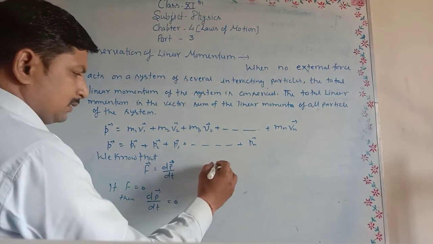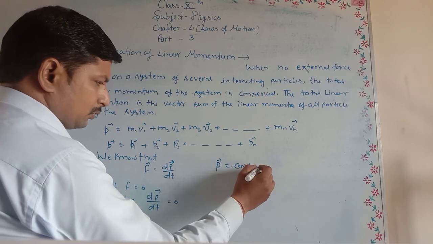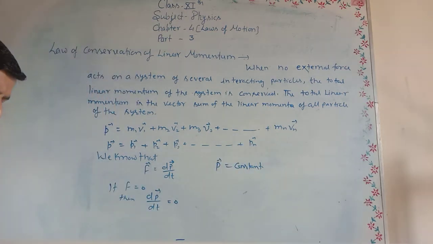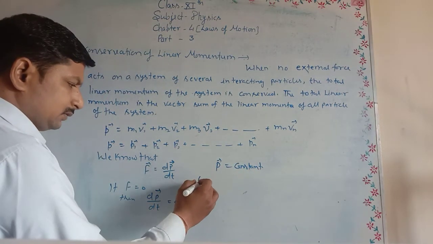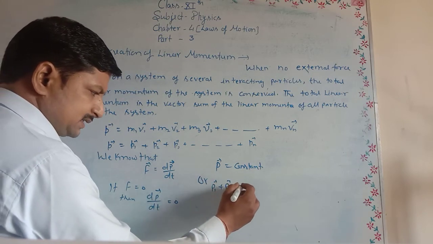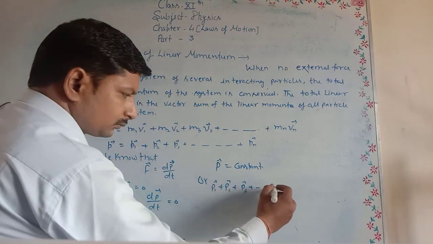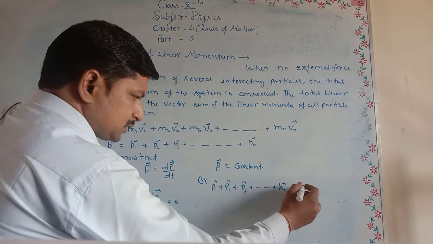It means P is equal to constant. Then p1 plus p2 plus p3 and so on plus pn is equal to constant.